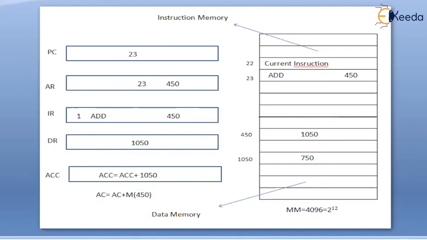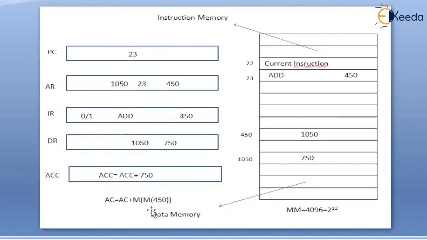Okay, but in the indirect address, accumulator is equal to accumulator plus M of, again M of, M of 450.